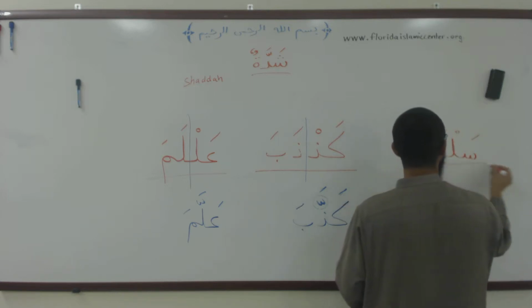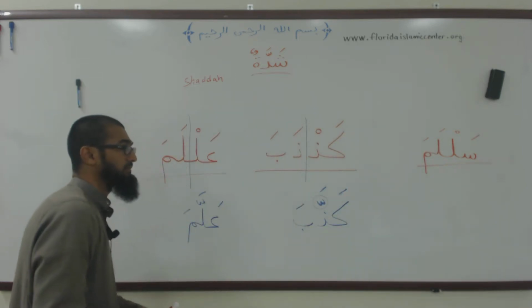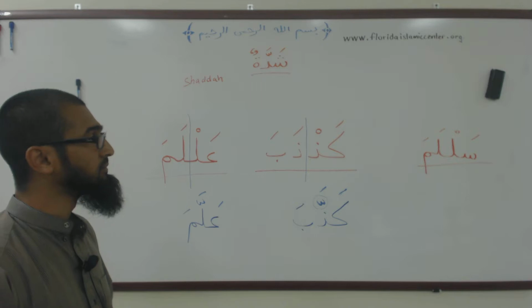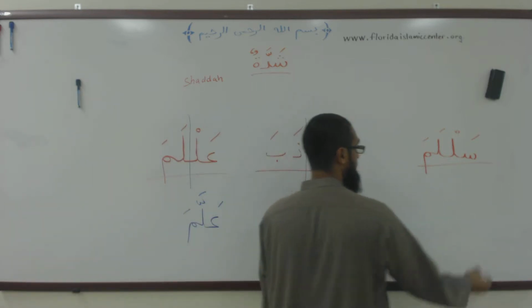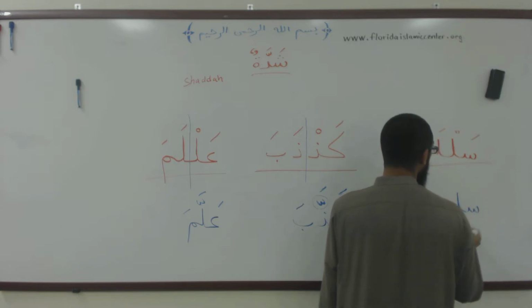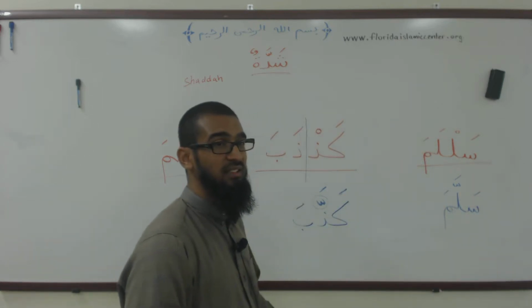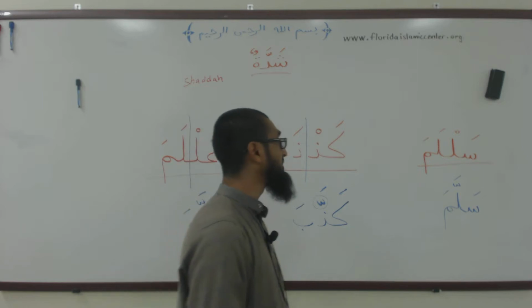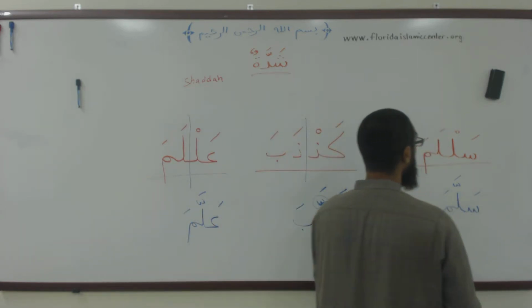How do you pronounce that? Not salama. You have to hear that lam. The lam in the middle has to be mushaddad. It has to sound like it has a shadda. What would it sound like? Sallama. Sallama.